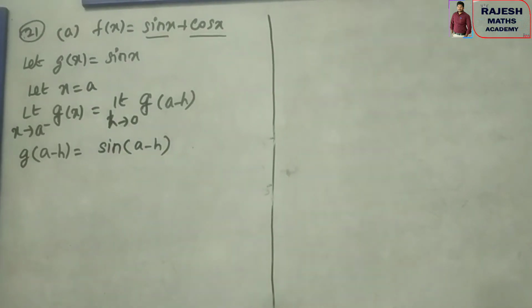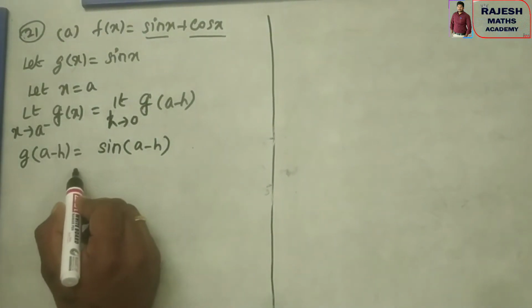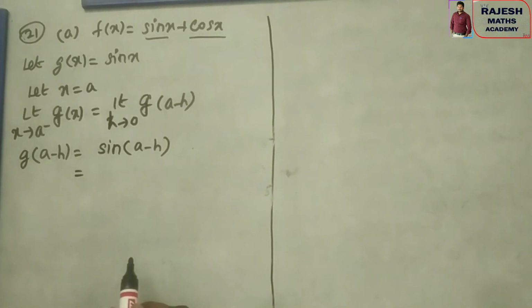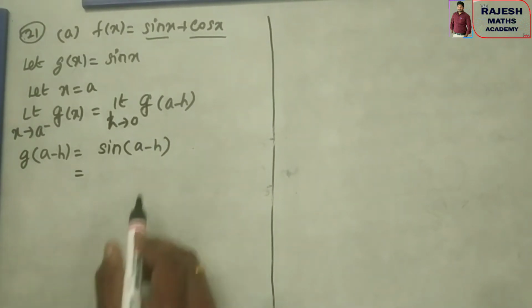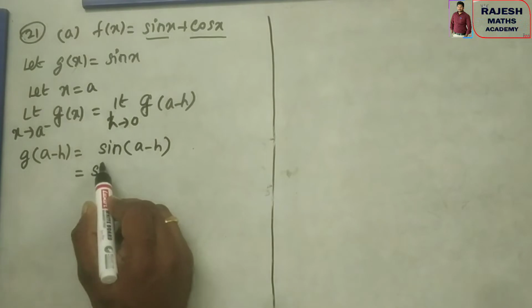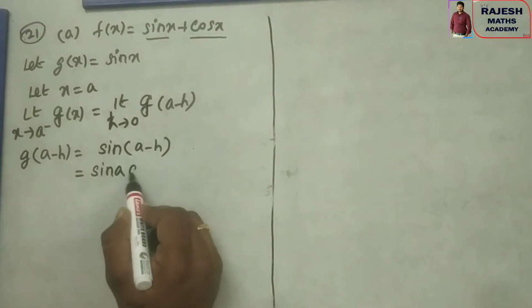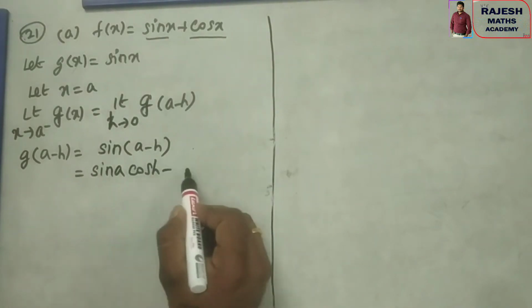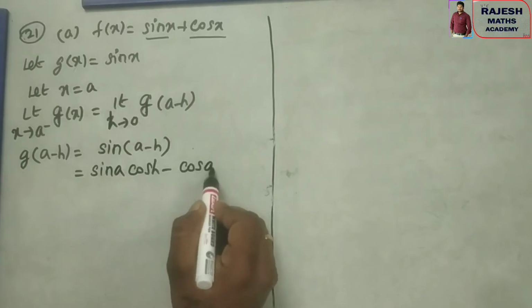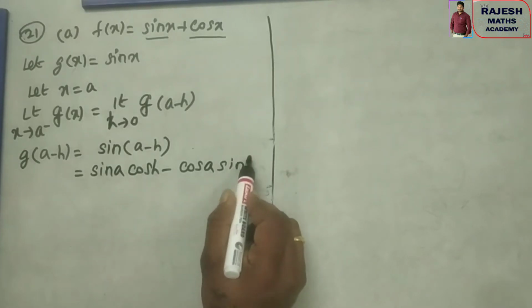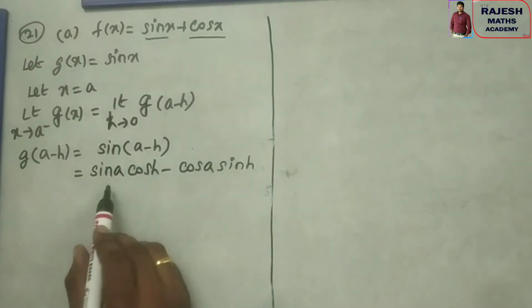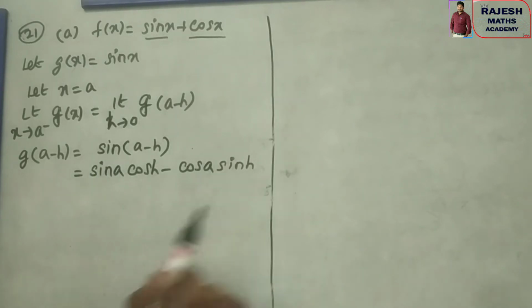We will use the formula for sin a minus b: sin a minus b equals sin a cos b minus cos a sin b. So I am using sin a cos h minus cos a sin h.